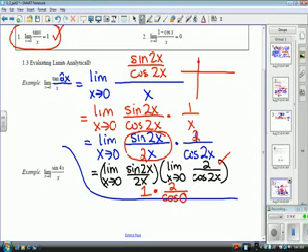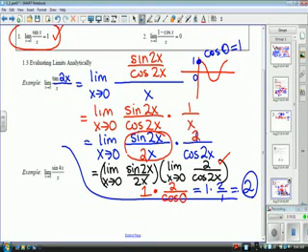It's not negative 1. It's 1. Cosine of 0 is 1. So that answer is going to be 2. All right.